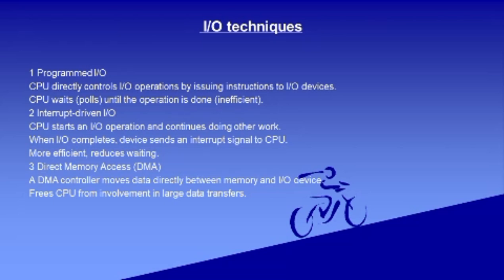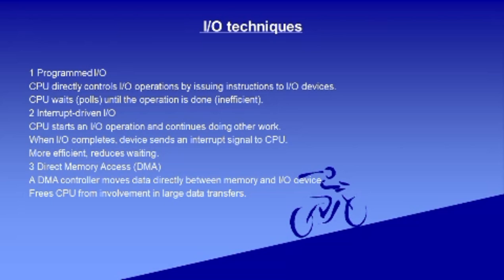The second technique is interrupt-driven input or output, where the CPU starts an operation and continues doing other work. When the operation completes, the device sends an interrupt signal to the CPU.